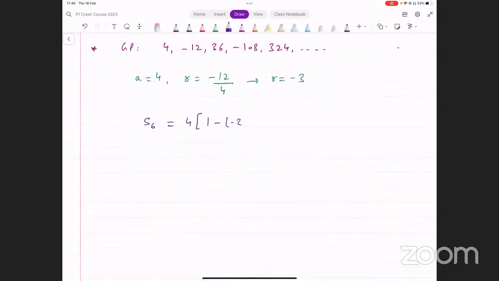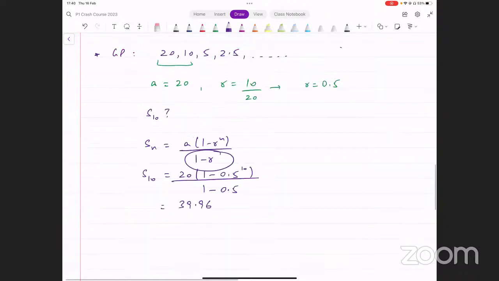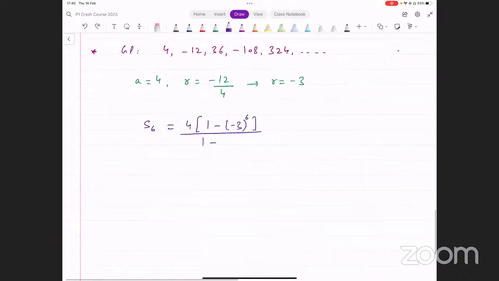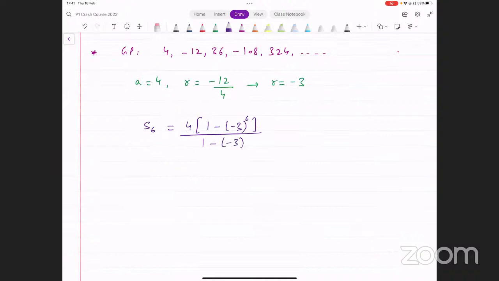So you have to put minus 3 in brackets and then raise that to the power 6 like this. So this minus 3 whole thing should be in brackets, and then you should have your power on top of that like this. Divided by 1 minus R, that's what you have in the formula, 1 minus R. Again, R is minus 3, so it becomes 1 minus minus 3.